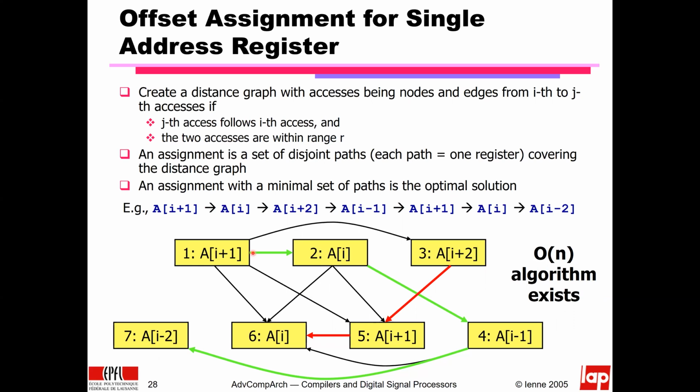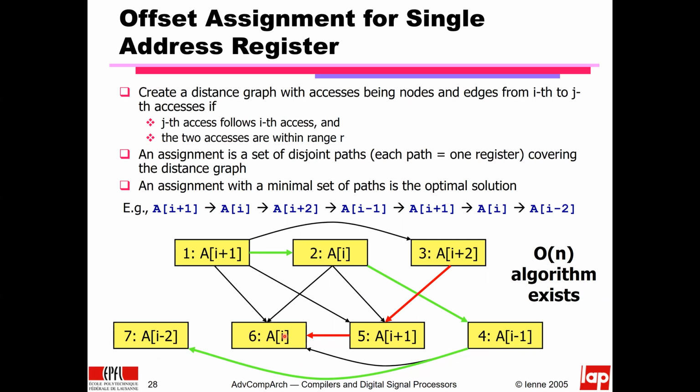I cannot do everything with a single path, so I have this path to cover these 4 and another path to link the other three. And what each path represents is one address register, right? One address register that will do these 4 accesses, and the other address register that will be used for the other accesses.